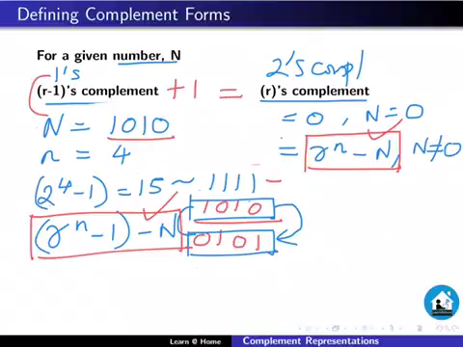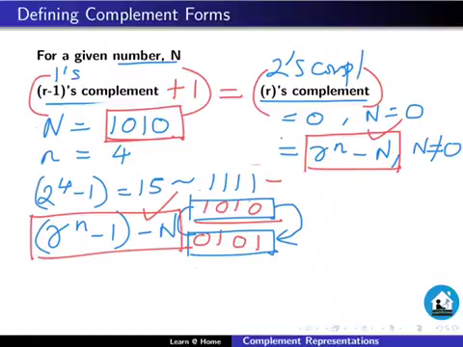So this is an important result. And in our case, we considered the number N. If you want to find the 2's complement of 1010, what we need to do is to find the 1's complement first, that we have already done, and just add 1 to that.